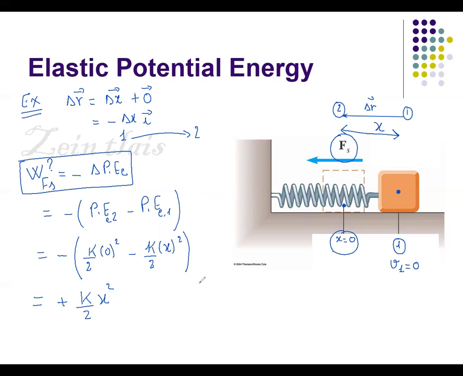Now I want to study the total energy at each point. Here at the position 1 we don't have velocity, so the kinetic energy KE1 equals 0. Here we have velocity because the object moves to the left. You know, when I release the object at this point, the object will accelerate to the left.